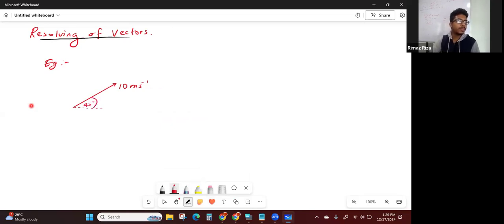I want to resolve this. So resolving this vector means I want to divide it into two components so that their resultant is equal to the original vector.